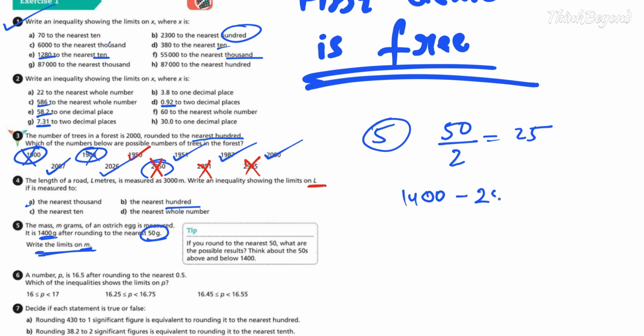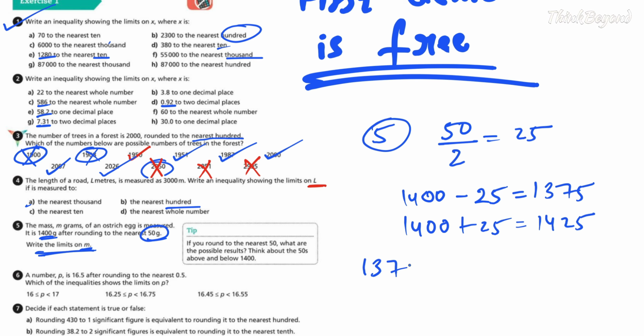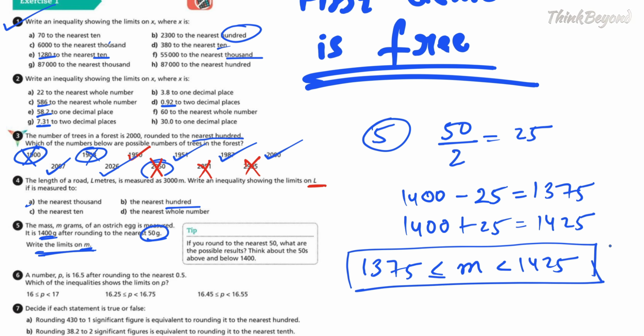Calculate the limit. Subtract 25, you will get 1375. 1400 plus 25, add it, you will get 1425. So the limit you have to write as m, right? Here m. You can write 1375 is less than or equal to m, which is less than 1425. So this is your answer for question number 5. We are also done with question 5.